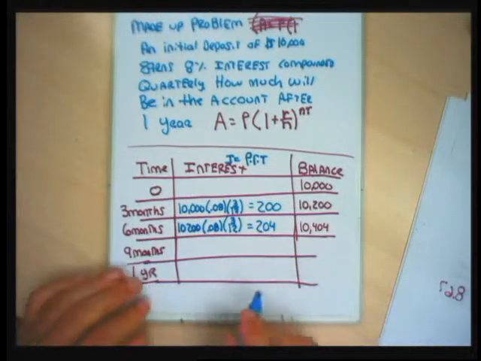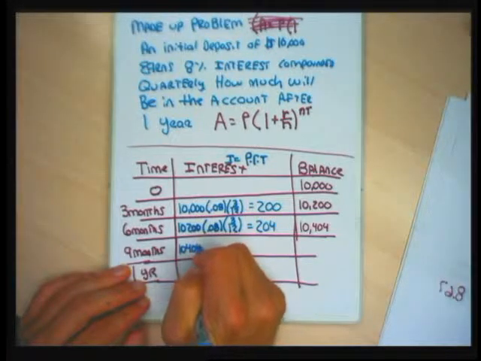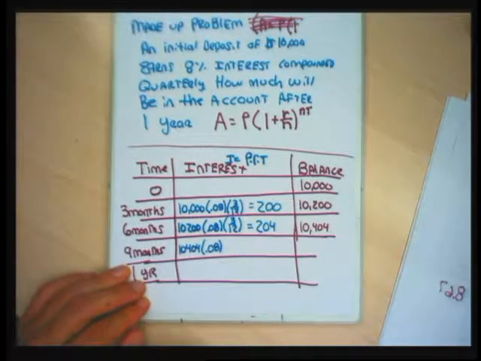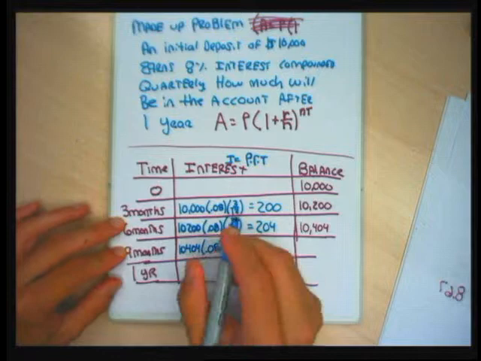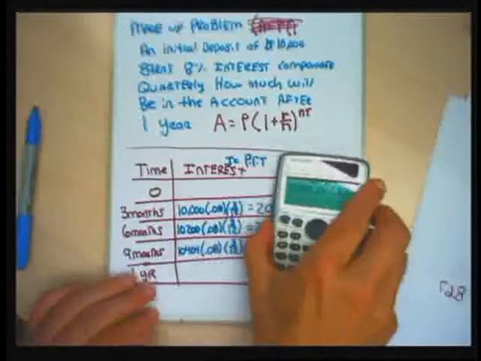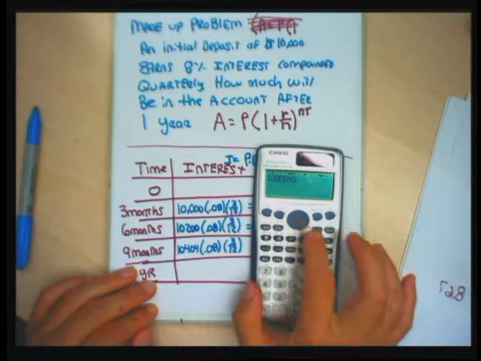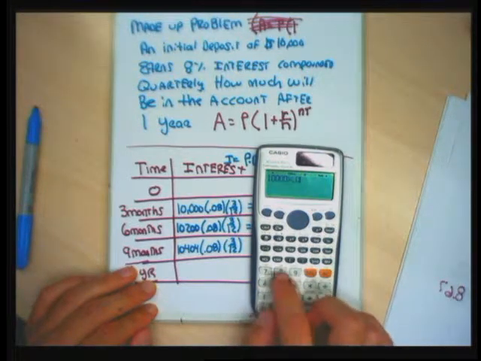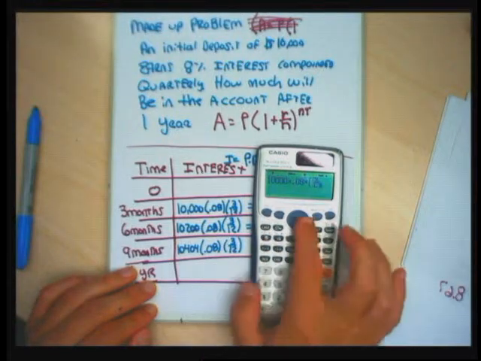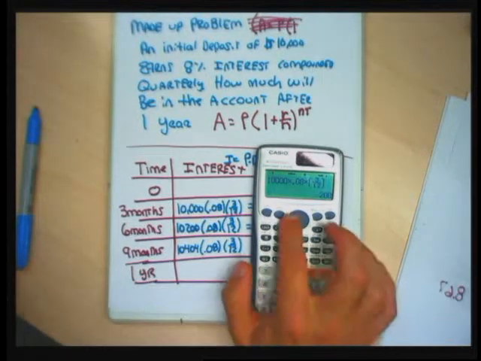That amount will sit in there for another 3 months, and then after 9 months, I'm going to get my third interest of the year. It's $10,404 at 8% interest, and this is just another 3 months. From 6 months to 9 months, the time is 3 months. So the amount of interest I get the third time, I was supposed to use 10,404.